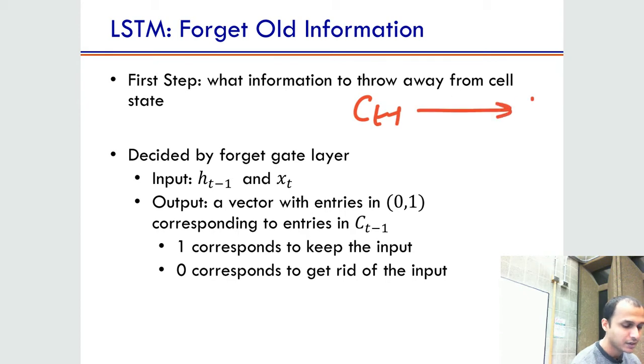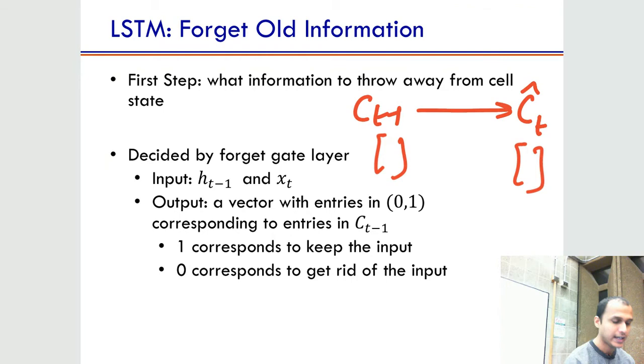I somehow have to transform it to some intermediate vector, maybe c hat t, where I forget some coordinates. I need to take a gate and multiply element-wise, such that hopefully some coordinates are multiplied with 0, and those coordinates are forgetting some information.